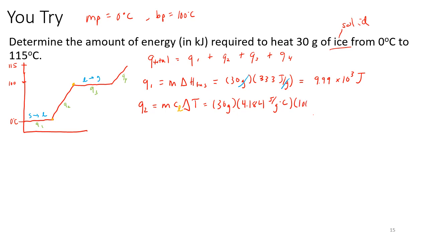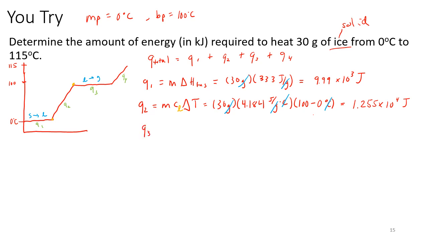So T final is 100 minus 0, so delta T will end up just being 100 degrees Celsius. Our grams will cancel, our degrees Celsius will cancel. We'll end up with units of joules. Q sub 2 should give you 1.255 times 10 to the fourth joules.